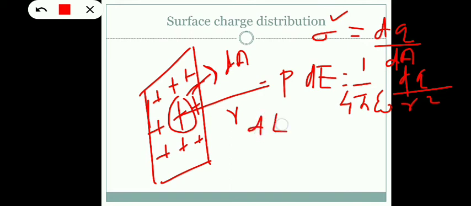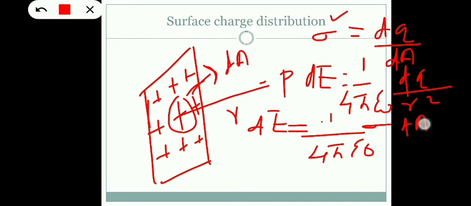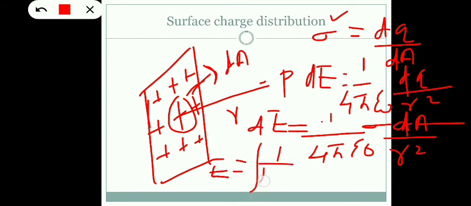So what will you get? dE is equal to 1 by 4 pi epsilon naught. What is dq? dq is sigma into dA. Sigma into dA by r square. Then what will be the total electric field due to this whole sheet of charge? The total electric field is obtained by integrating this expression. So this is the total electric field, 1 by 4 pi epsilon naught into sigma dA by r square.